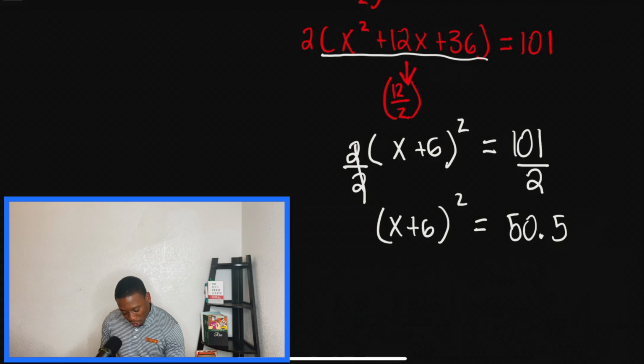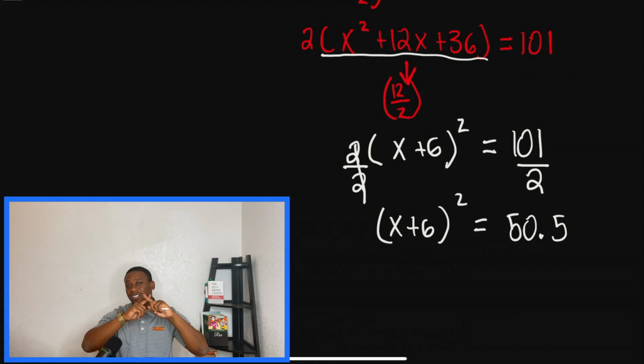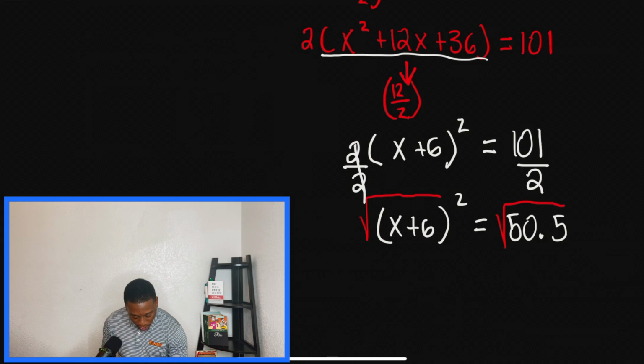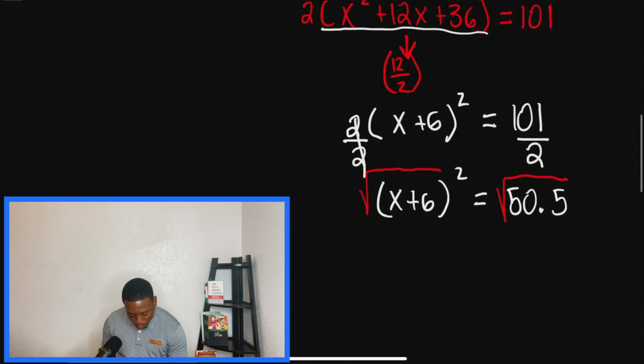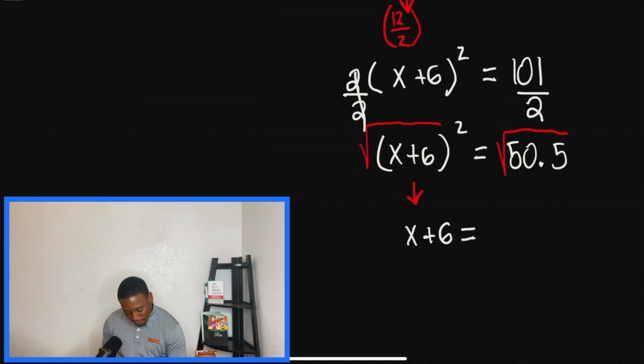Okay? So, how are we going to actually finish off by solving this problem? Because we have an exponent of 2 and we have to cancel out that exponent. And the way that we're going to do that is remember that exponents and roots, they cancel each other out. So if I have an exponent of 2, that means I'm going to take the square root of both sides. And on the left-hand side of the equation, the exponent and square root are going to cancel each other out, and we're only going to be left with x plus 6.